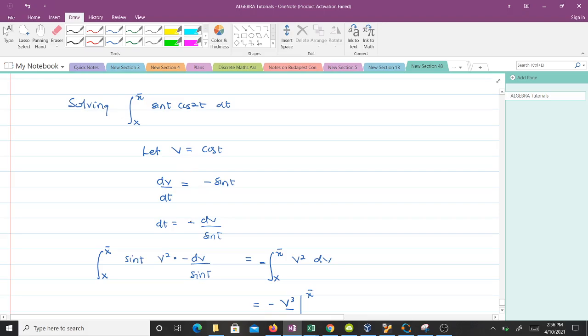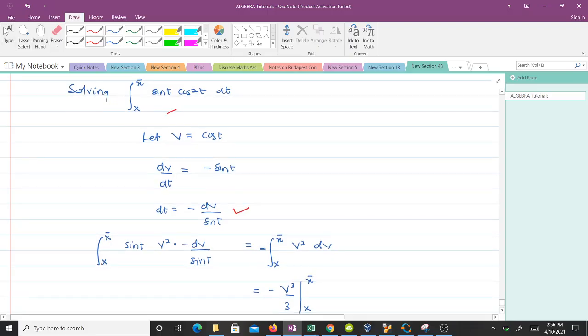Making dt the subject, we get negative dv over sine t. Then when you put it back here, we get integral from x to pi sine t, but cos t is v, so cos squared t will be v squared. Then times minus dv over sine t. Sine t cancels sine t. Then we get negative integral from x to pi v squared dv.